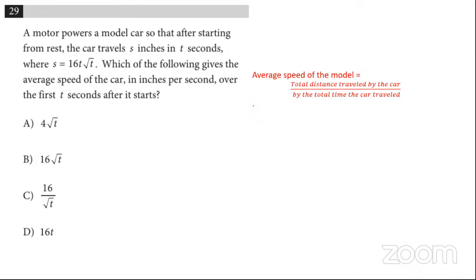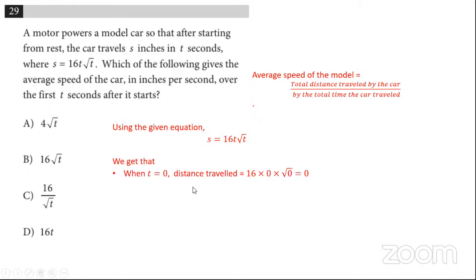Okay, I'll say. So we are given the equation: the distance traveled by the car from rest in t seconds is equal to 16t root t, right? So at rest, what is the distance? When t equal to 0, the distance traveled is equal to 0.